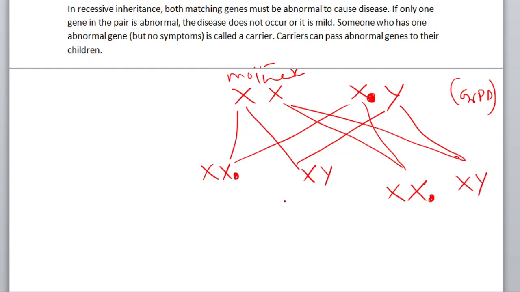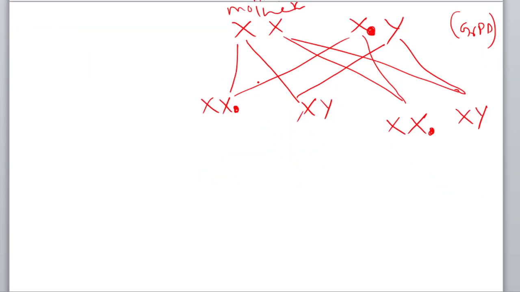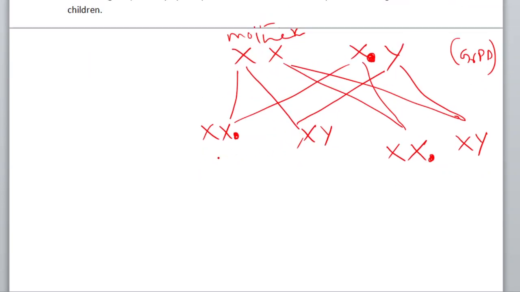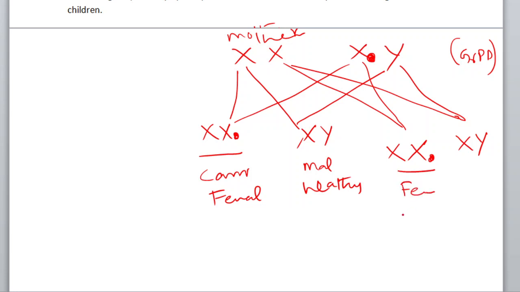Now you can see here that she is a carrier, okay, and a female. He is a male and healthy. She is again a female, but she is a carrier, and he is male and totally healthy.